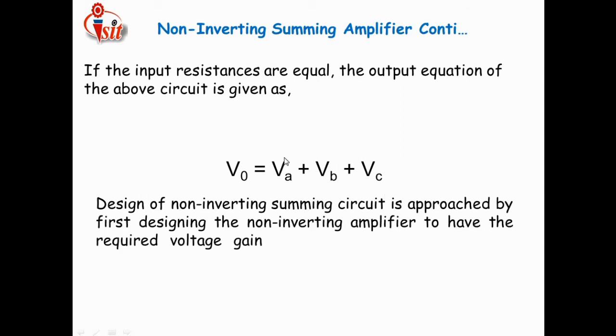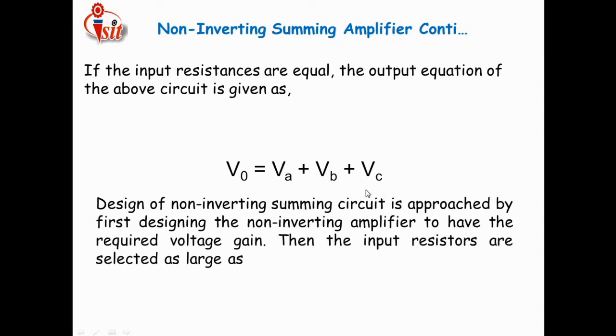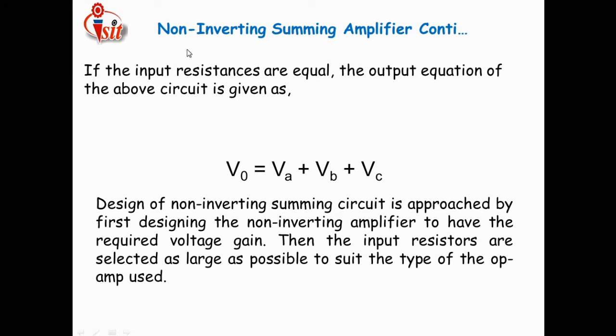Whatever inputs are applied to the non-inverting summing amplifier, the output will be the addition of all these input voltages. Here the op-amp terminal is non-inverting, so no negative sign will be introduced in the output.